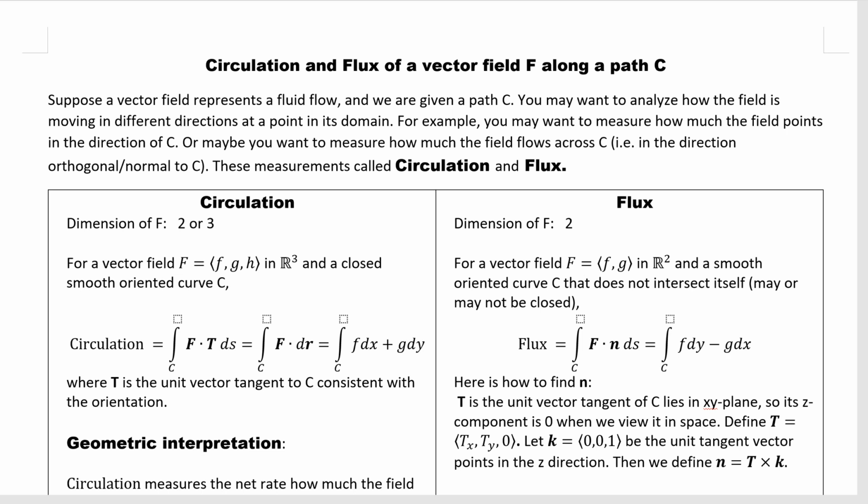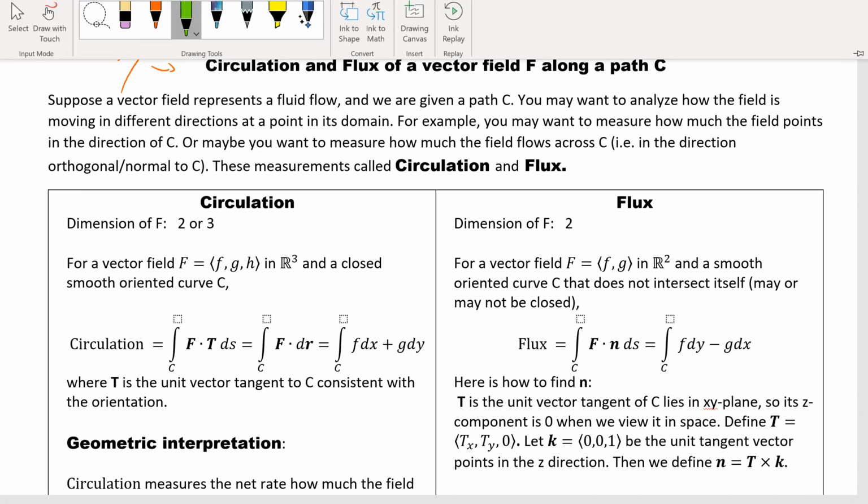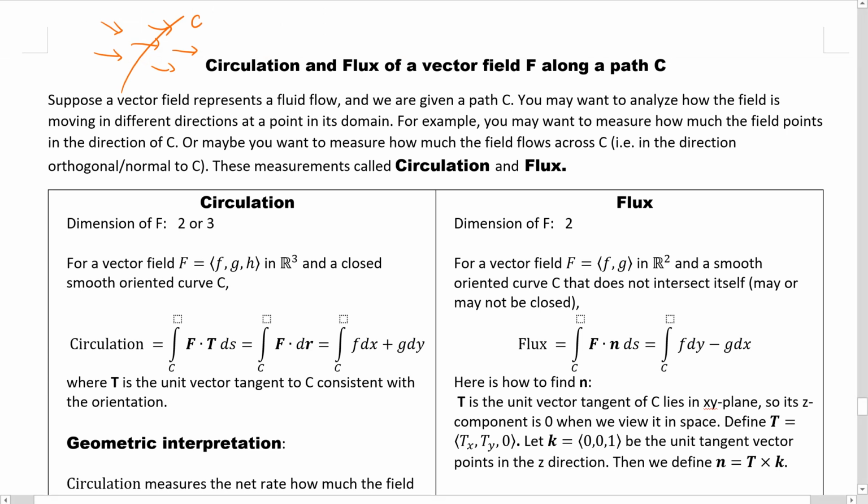So imagine this picture, this is the curve C, and then our vector field looks like this. Okay? And then you want to measure what the component of the vector field is in the direction of the path C. Okay, so you want to measure how much the vector field points in the direction of C. Well, then this is circulation or flow.